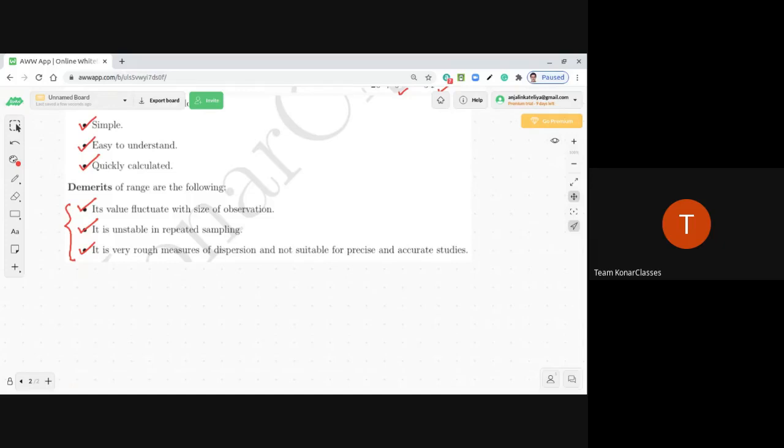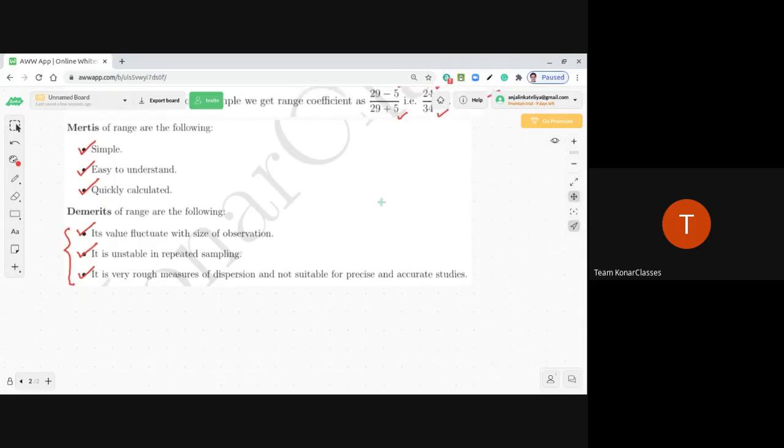But for the merits, you don't need to experiment. It is simple, easy to understand, and quickly calculated. All three are true. But for the demerits, you need to experiment to realize what the demerits of the range are, as far as the measure of dispersion is concerned.